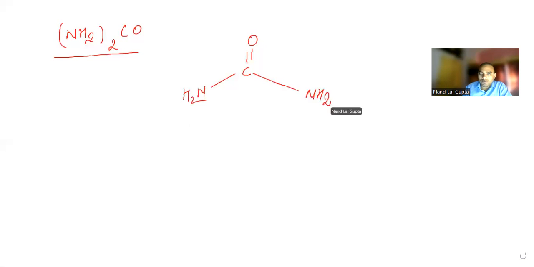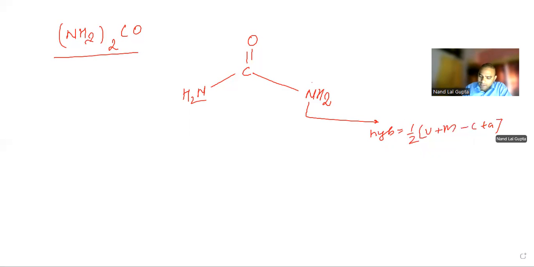Now, to know this structure, we should know the hybridization. If you are talking about nitrogen, we are going to calculate the hybridization using the formula: hybridization is equal to 1 by 2 (V plus M minus C plus A).